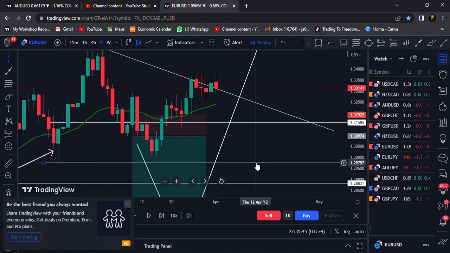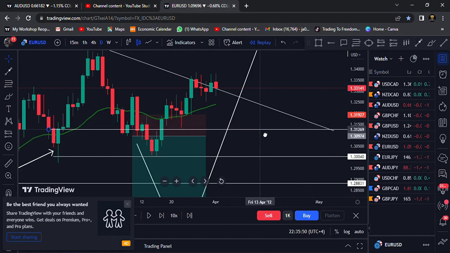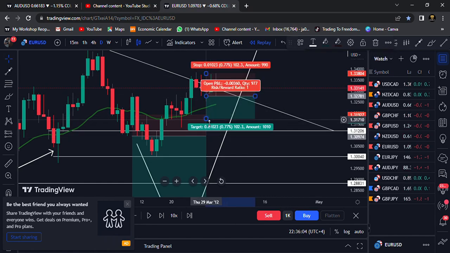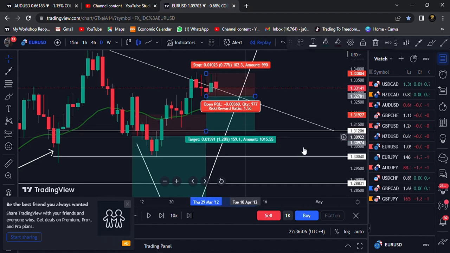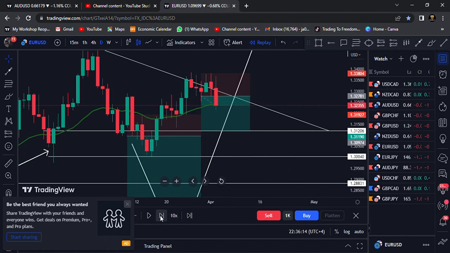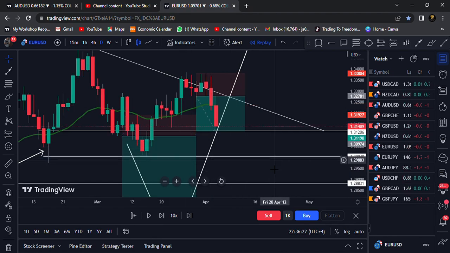Now this is the new support, and this is a new level where we can take our profits. We are still in a little bit of profit and no loss yet, so we can still take this one. Okay, this is a good one, another profit here, and that is it, guys.